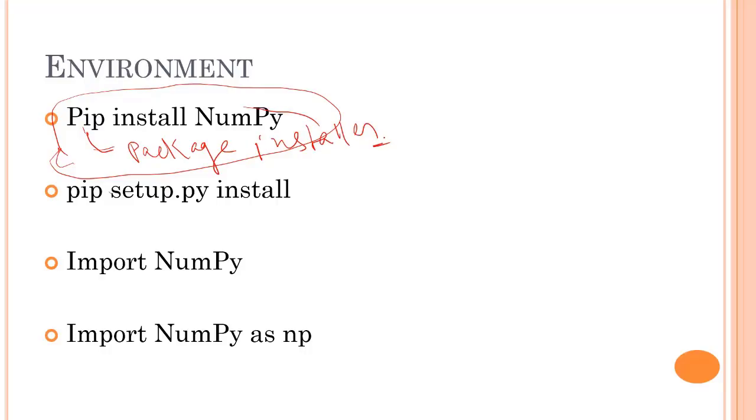Whenever you want to install a package, we have to use the keyword pip, then install, and then the package name. Whichever package you want to install, that name you type in a console or a command prompt, CMD.